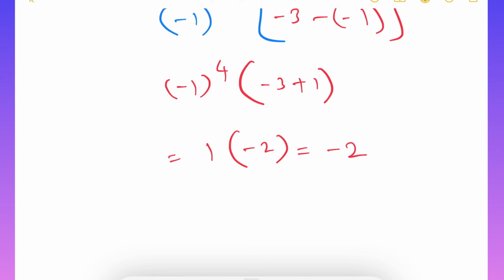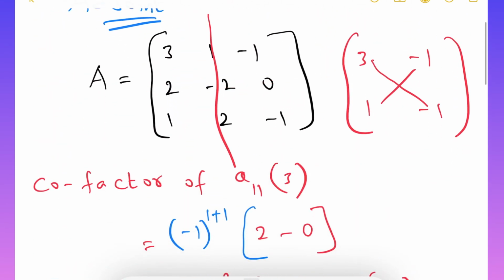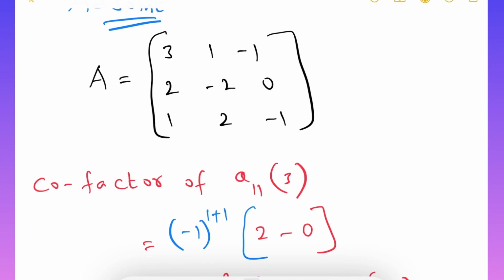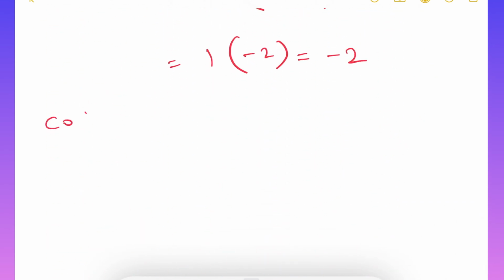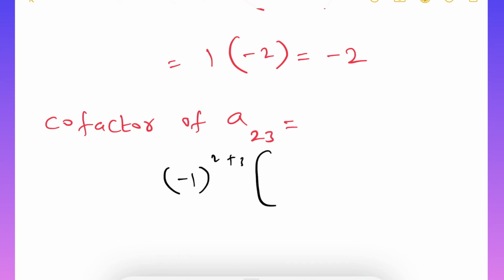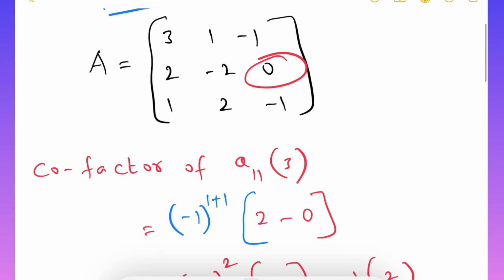Next, second row third element. This is that one, that is 0. Cofactor of second row third element. Cofactor of a second row third column, that is equals to minus 1 whole power 2 plus 3 into, let us find the determinant now. Delete this complete column as well as delete this complete row.